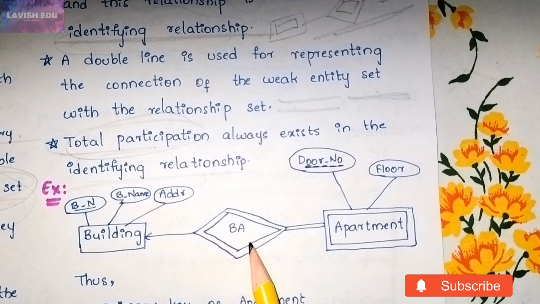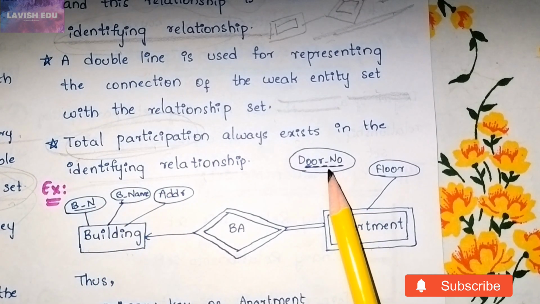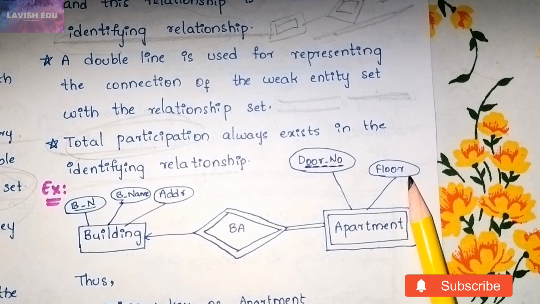the apartment is highly dependent on the building. Here building and apartment are the two entities, where building is a strong entity whereas apartment is a weak entity. Building has three attributes: building number, building name and address. Apartment has two attributes: door number and floor.